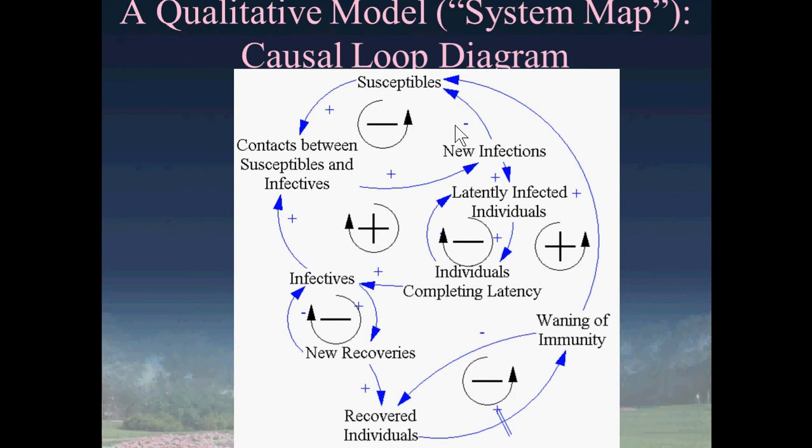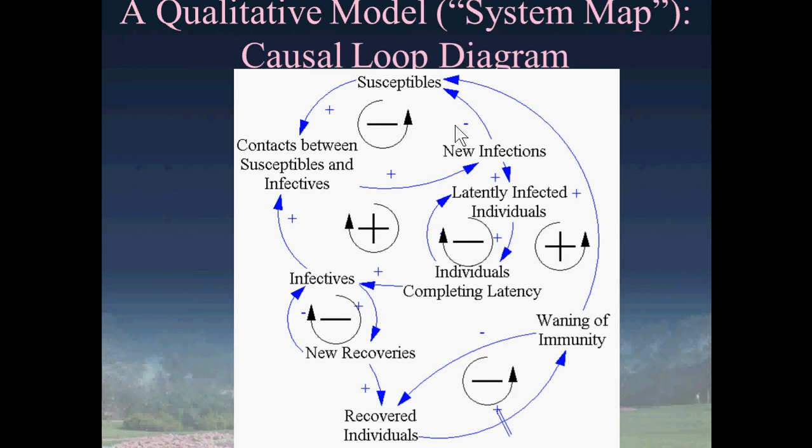We can apply the rule of signs, and you're advised to do it step by step in many cases. This is a negative polarity loop because we have one link here that's negative, so you multiply a plus times a minus, you get a minus, multiplied by a plus, you still get a minus, and so it's a negative polarity loop. And what that means is that it's a balancing loop.